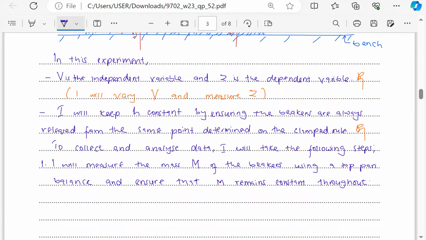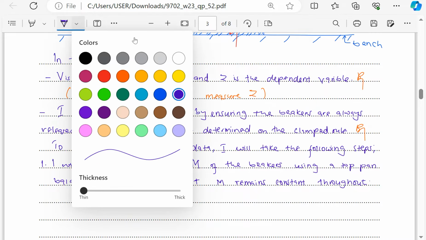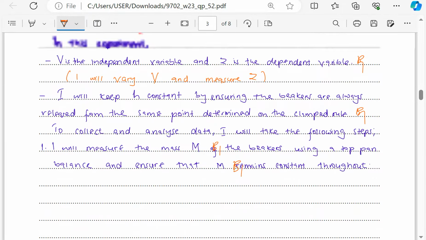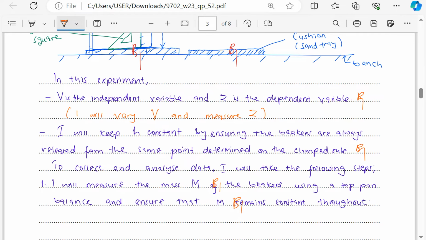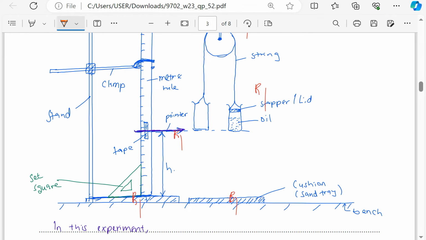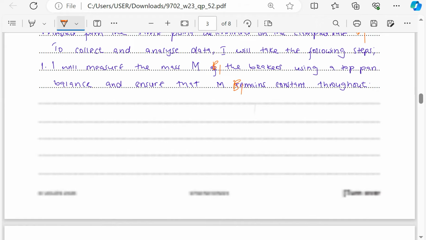It means the total weight of the beakers with its contents have changed. So you must always check M with your top pan balance to ensure that it has not changed. So if I mention that I will measure M using a balance, that is a mark. And if I mention that I must ensure that M is remaining constant, that is another mark. So before I write more, you notice I have 1, 2, 3, 4, 5, 6, 7, 8, 9 marks out of 15.